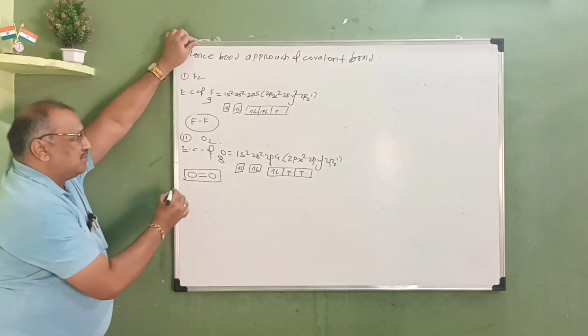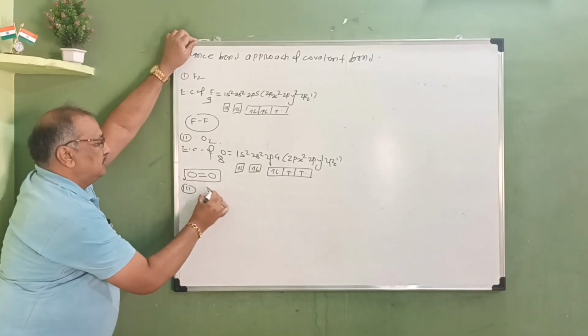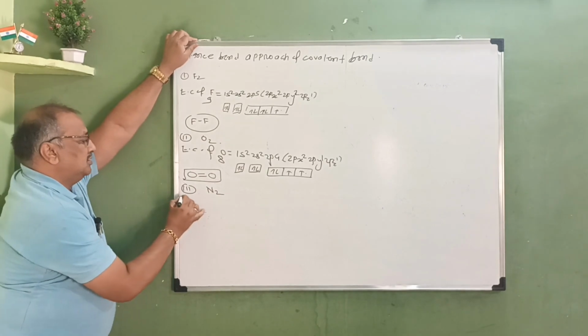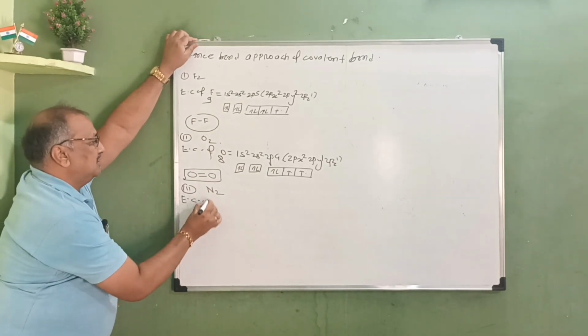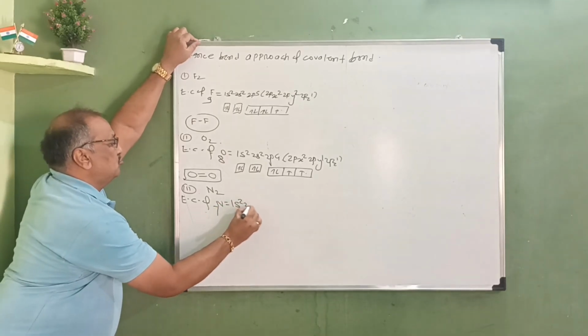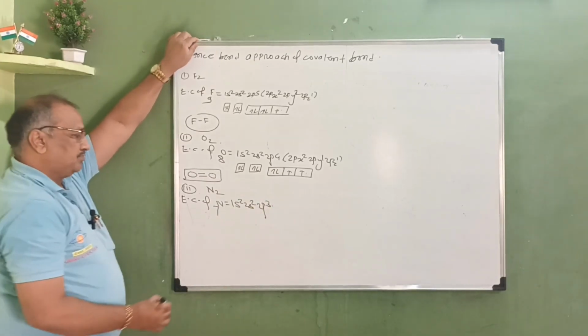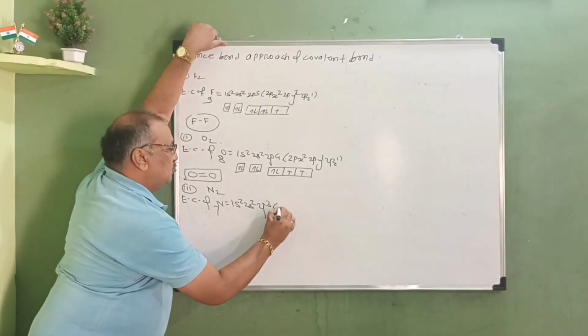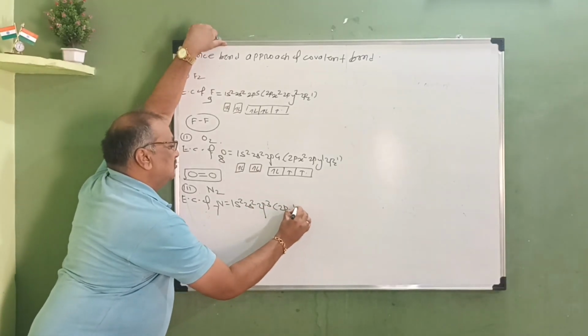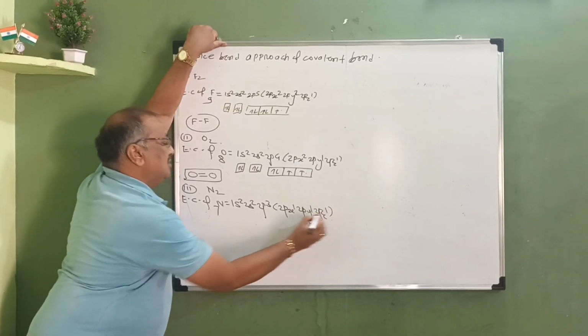In a similar manner, for N2, the electronic configuration of nitrogen is 1s2, 2s2, 2p3, that is 2px1, 2py1 and 2pz1.